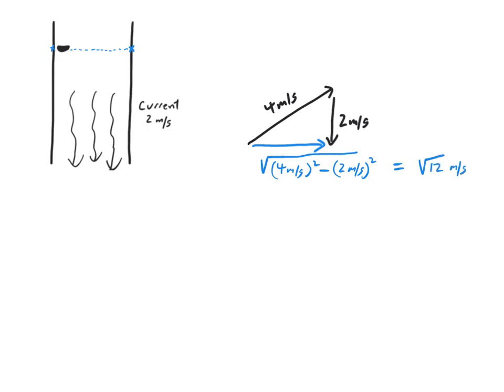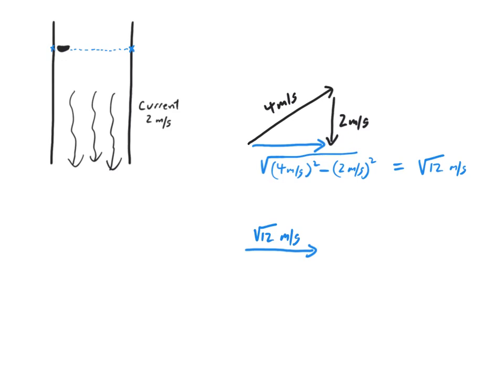So in other words, let me just redraw that blue arrow. The boat is going to end up going square root of 12 meters per second horizontally across the river.